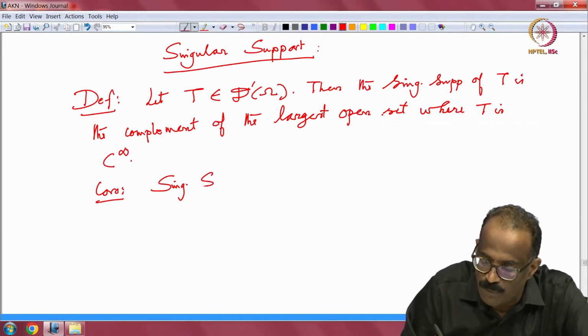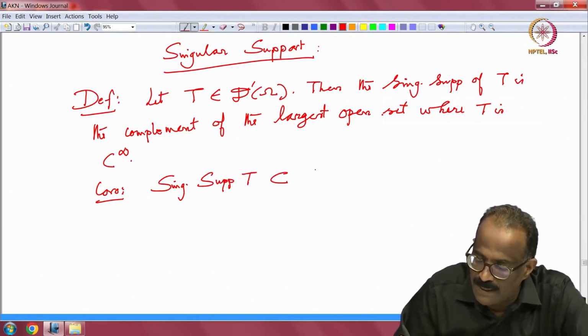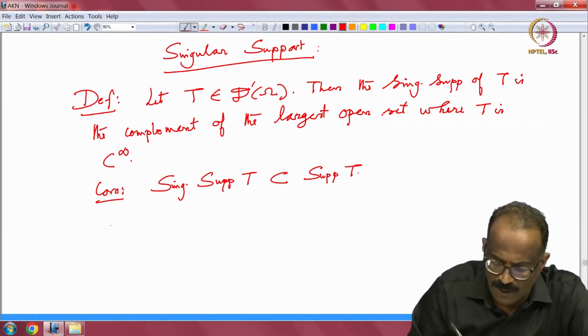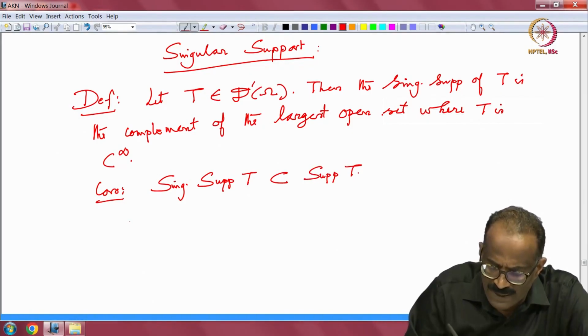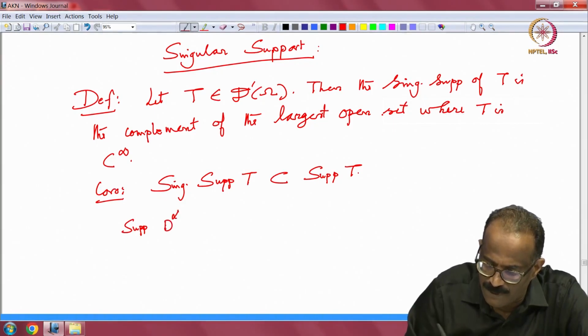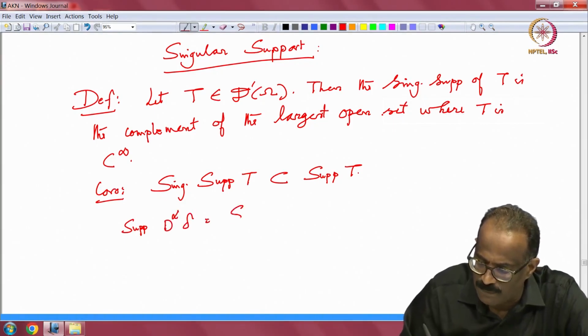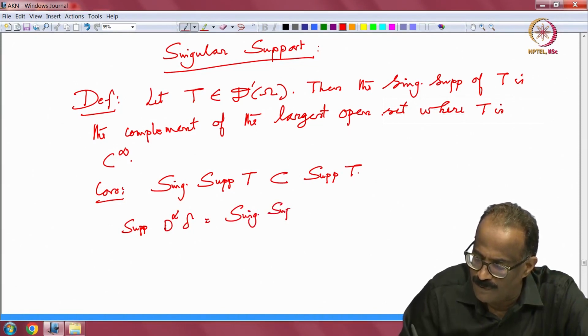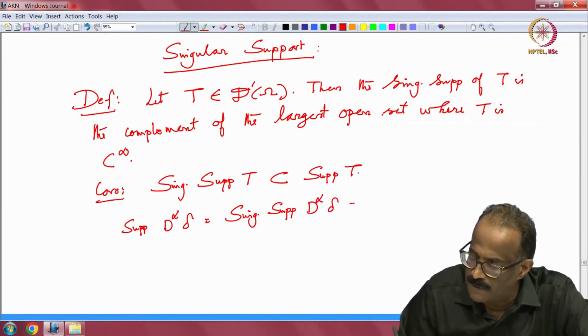Okay, the singular support of T is contained in the support of T, and for the support of Dirac delta and its derivatives, same, the singular support, immediate verification, delta is equal to 0.